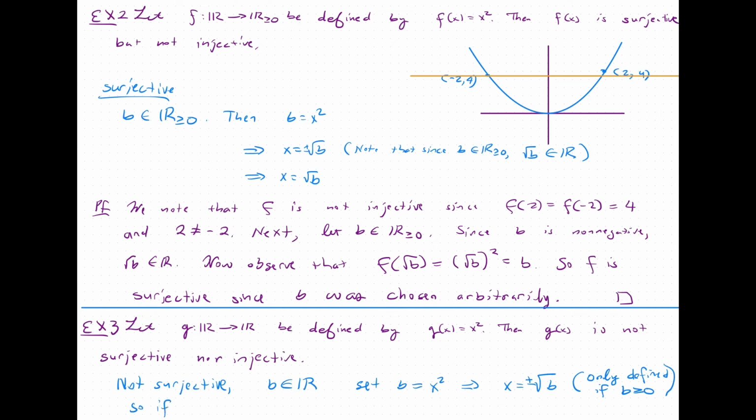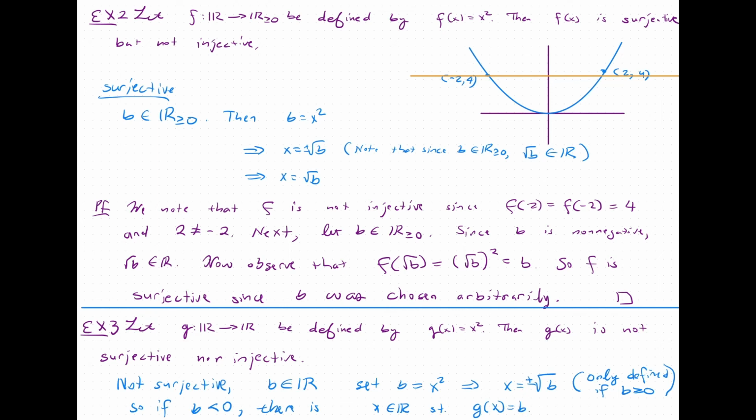So if b is less than 0, there is no x in the real numbers such that g of x is equal to b.